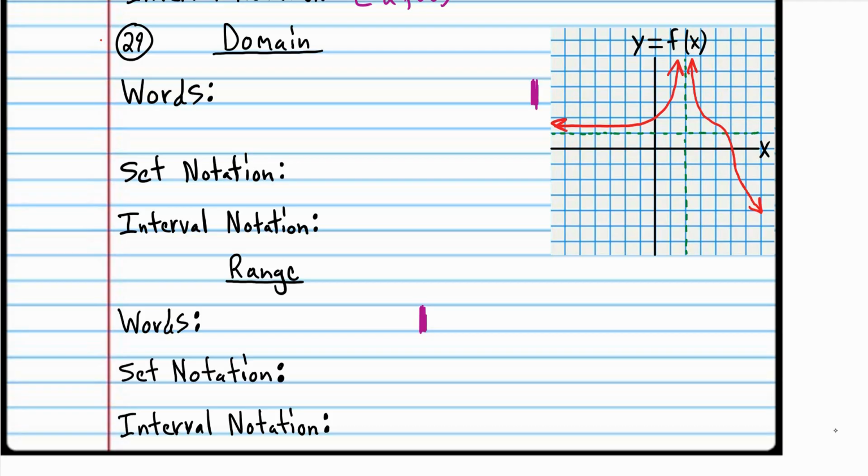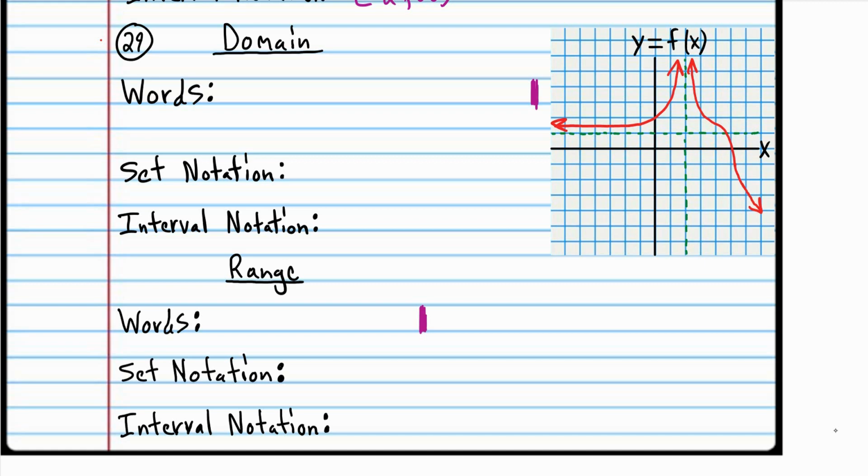Now, it's impossible for the graph of a function to pass through a vertical asymptote. That will never happen, or else the equation would not be defined as a function. That's just a necessary requirement for functions. We learned that in previous classes.